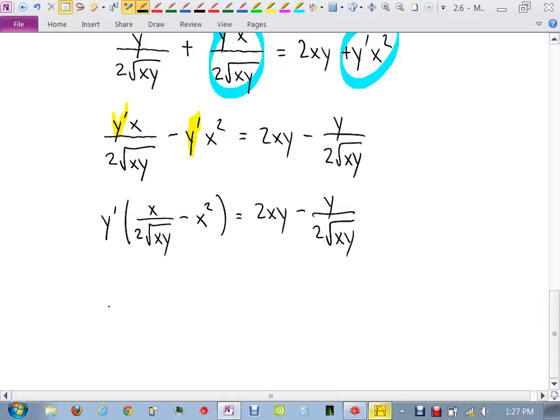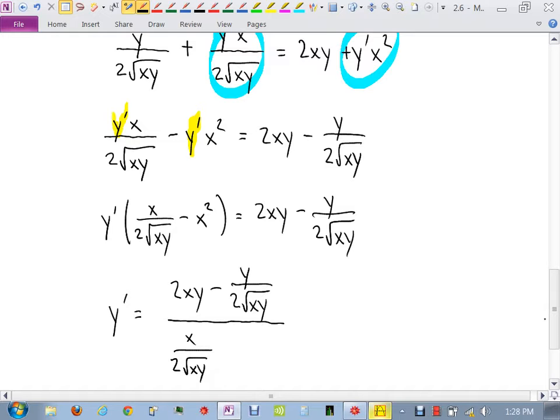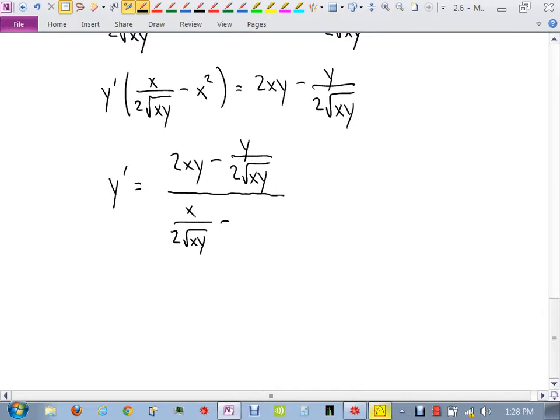Now to get y prime by itself, I divide both sides by everything in the parentheses on the left side. So it's going to look kind of ugly, but we should welcome ugly now with open arms.